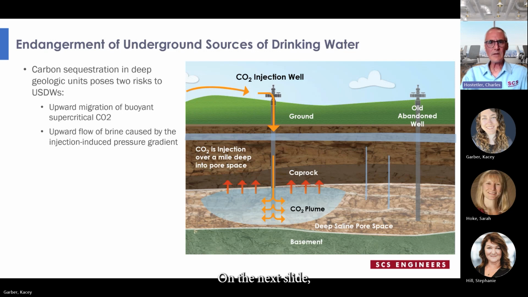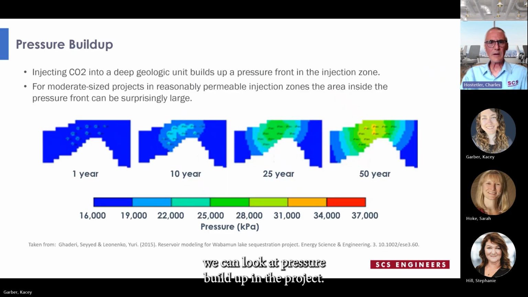On the next slide, we can look at pressure buildup in a project. So this again is a hypothetical. I think this was a 20 million metric ton project that was not permitted, but it was calculated a model buildup over a 50-year period.